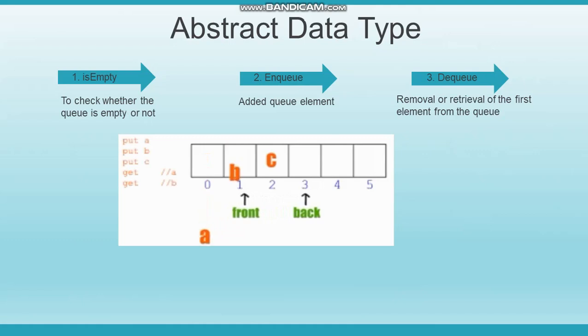If not, enqueue adds elements: put A, enqueue put B, enqueue put C. Then if we delete elements with dequeue, get A, get B. Then enqueue put D, put E, put F, put G. Then if we delete an element, get C. IsEmpty will run after we add or delete an element.